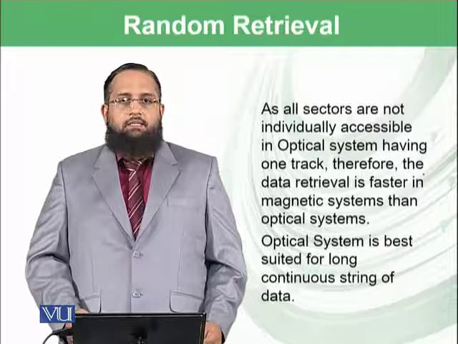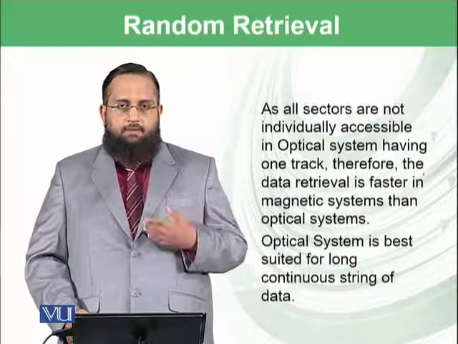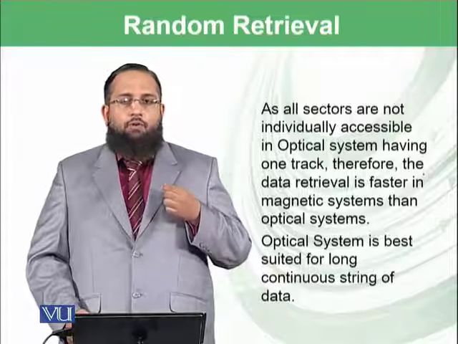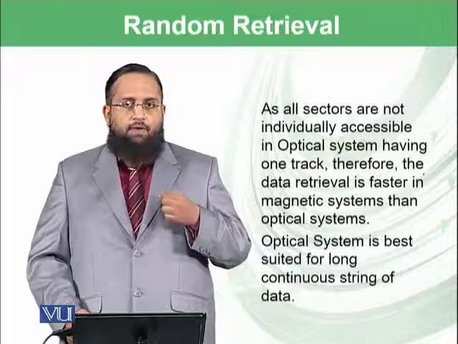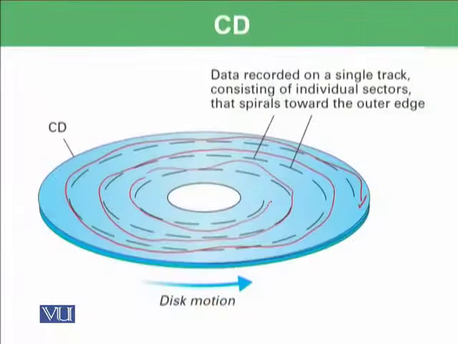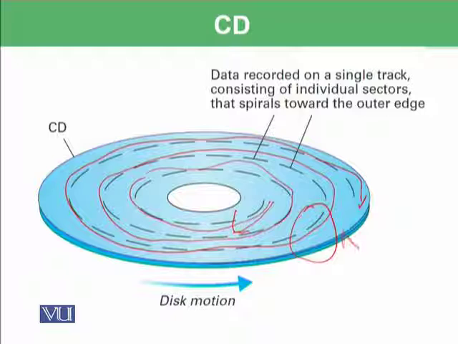Retrieval means you want to access data from the disk, and random means you can access wherever you want. For example, if you are at the moment reading data from here, but at once you want to read data from here, there is no random access, as was available in the form of a magnetic disk.